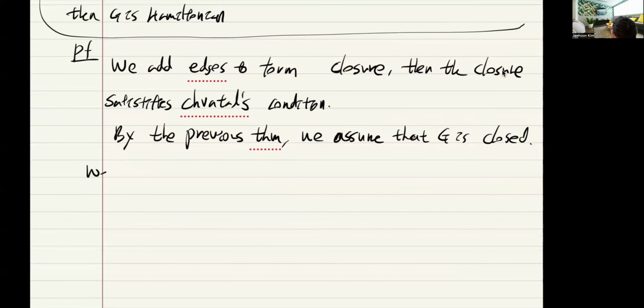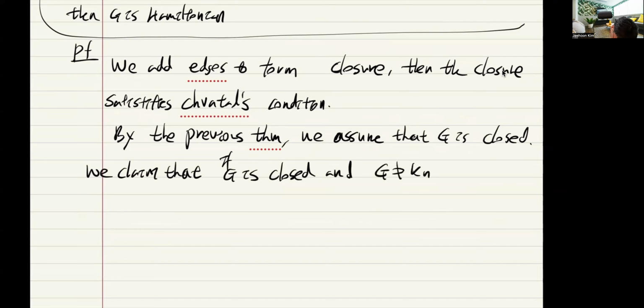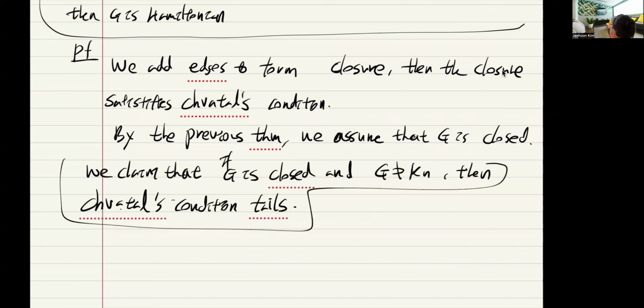So we claim that if G is closed and G is not a complete graph, then the Chvátal condition fails. If we prove this, then we are done. This means that if G is closed and the Chvátal condition is satisfied, then it must be a complete graph.